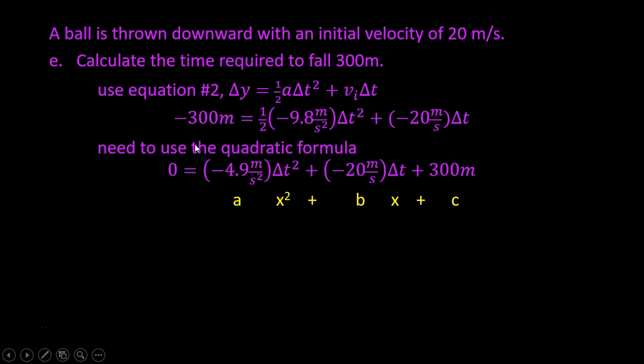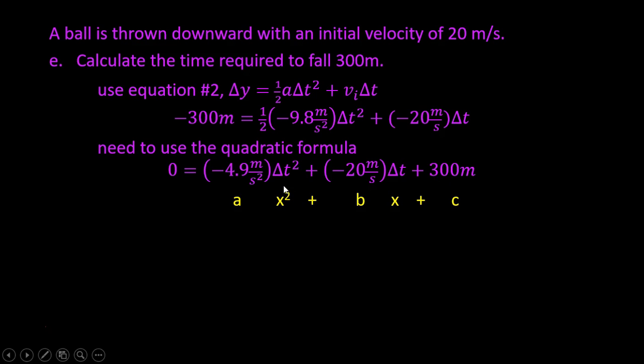So we have to rearrange this equation to get it into the quadratic form. So we're going to add 300 meters to both sides, and that gives us 0 on the left-hand side of the equal sign. And on the right-hand side, we have a delta t squared term, we have a delta t term, and we have a term without delta t.